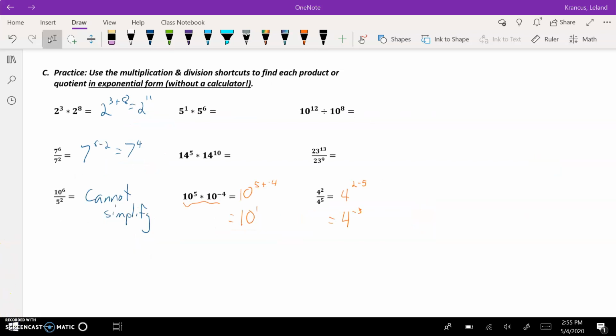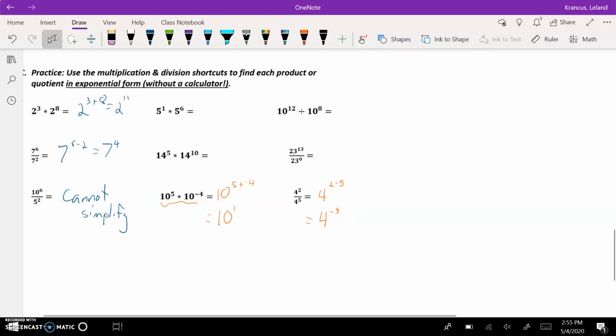And before wrapping up, I want to talk a little bit more just about why this works. And for the multiplication one, it's usually pretty straightforward why it works. So for example, if we were to take one of those problems, 5 to the 1 times 5 to the 6th power, it makes sense that we add our exponents. Because if you expand this and you write this as 5 to the 1, then times 5 times 5 times 5 times 5 times 5 times 5.